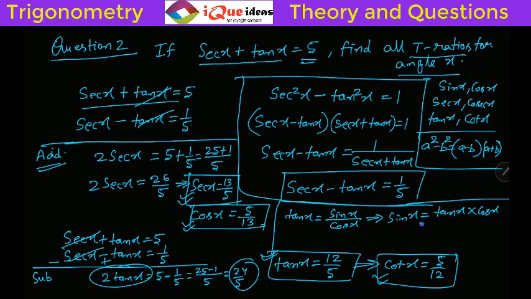So tan x value, here it is 12 by 5. Cos x value we have already calculated, it is 5 by 13. So if you put it here, 5 and 5 get cancelled and we have 12 by 13. Perfect. So what do we have now? We have sin x is equal to 12 by 13. And by taking the inverse of that, we have cosec x which is equal to 13 by 12, right? So we have calculated all the trigonometric ratios for x.